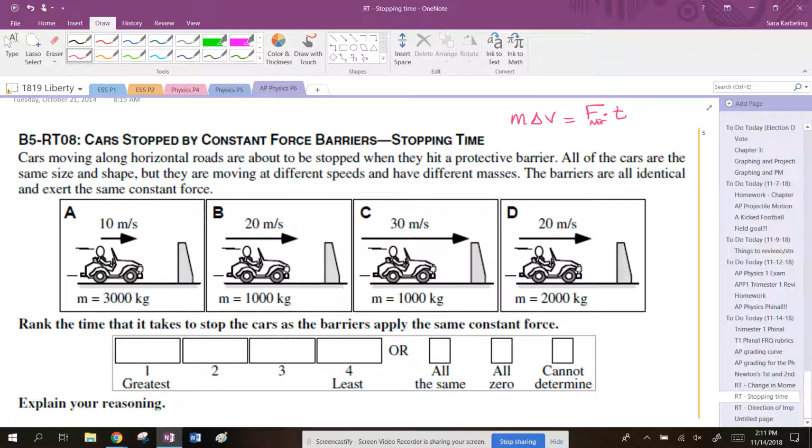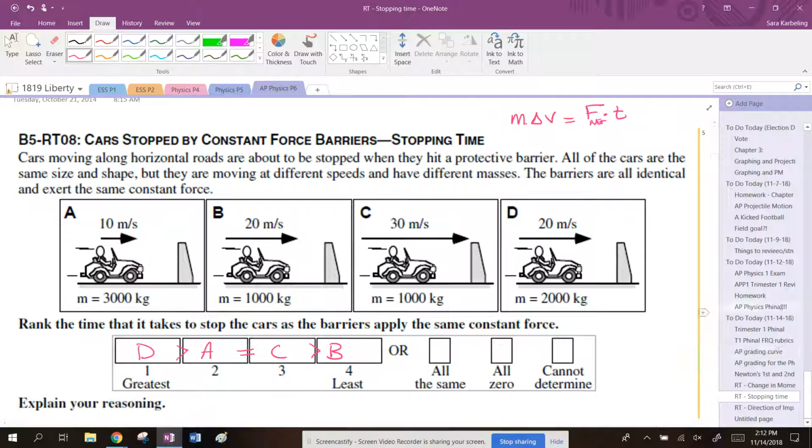But it's the same F, so we really don't care about the F. What do we need to do to get them ranked? Multiply mass times velocity? Yeah. We get an answer? It's D and then B, or A equals C and then B.